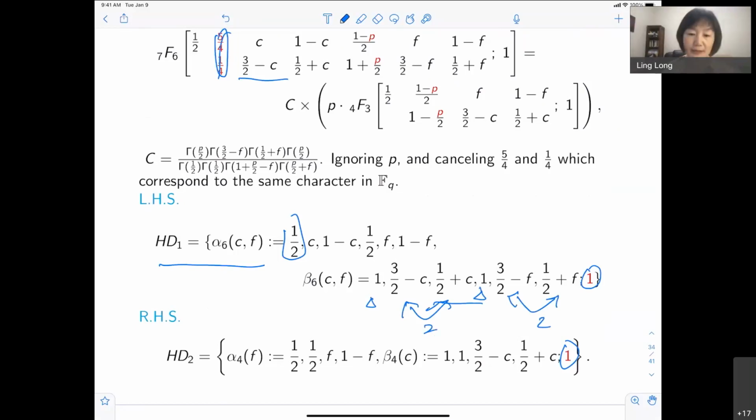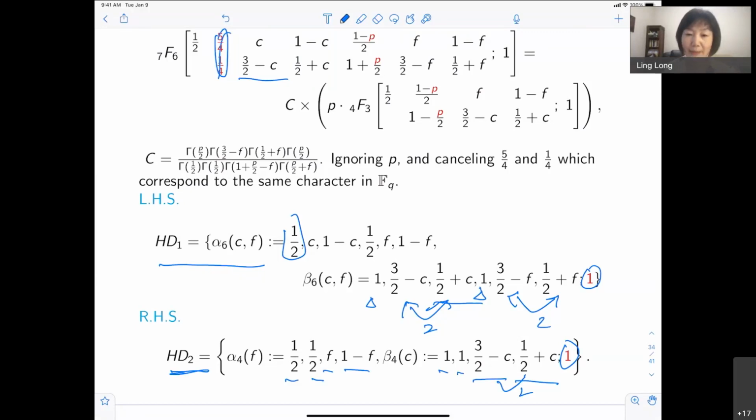On the right-hand side, the 4F3 also evaluates at 1. The upper parameters, if I forget 1/2, are 1/2, f, 1 minus f. And then I get 1, 1, 3/2 minus c, and 1/2 plus c. So again, it sums up to 2. So far, so good.